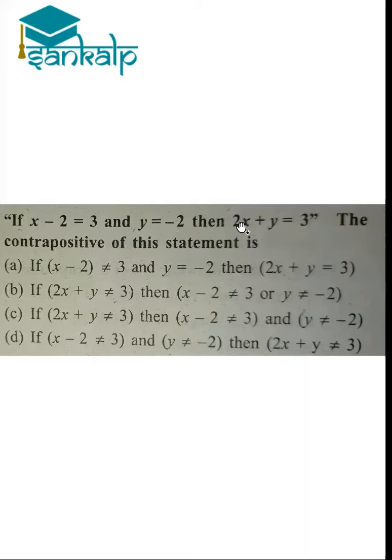So contrapositive is the negation of Q implies the negation of P. So this is the negation of Q part, and these are the negation of P parts.